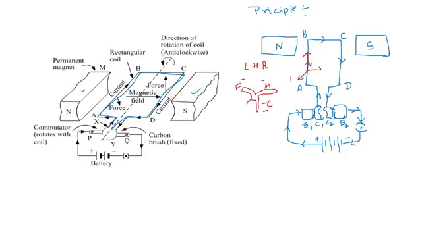So at the North Pole the force is acting downwards, so when the current passes through the ABCD loop, this AB will go down. Whole ABCD, how the current is flowing: the current is flowing through A, B, C and D, right?